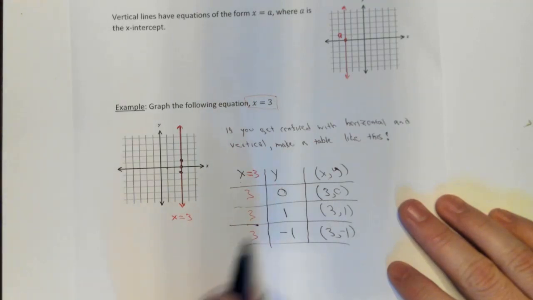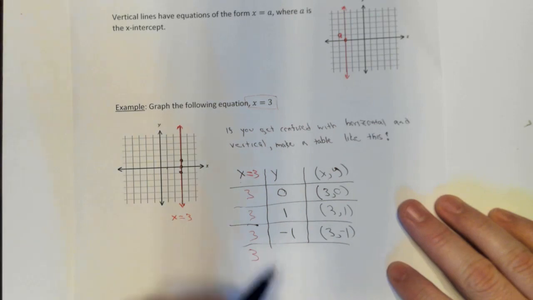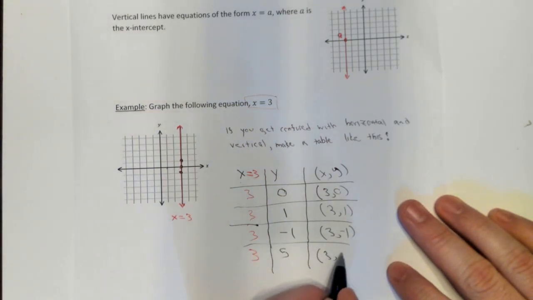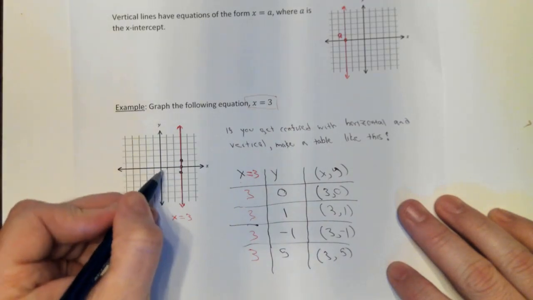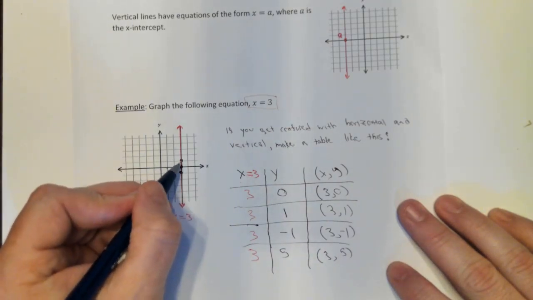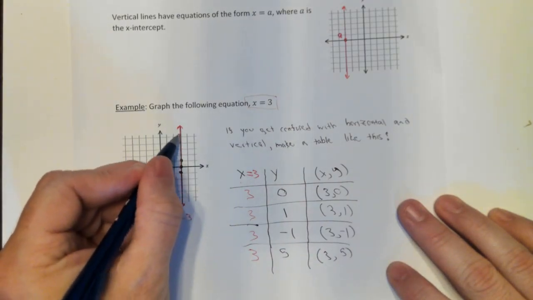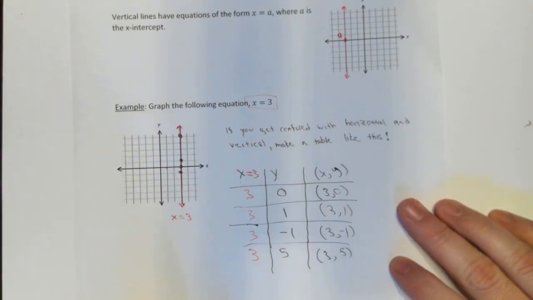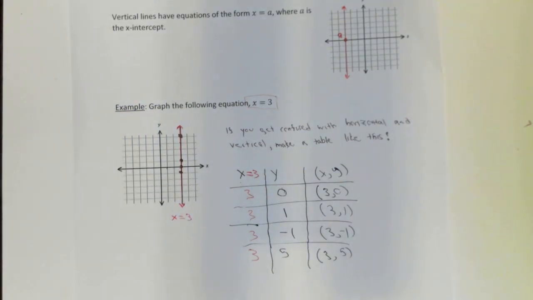If x is equal to 3, I'm just doing a 4th point for fun, and y is equal to 5, then that's the point 3, 5. 1, 2, 3, 1, 2, 3, 4, 5. So there's a 4th point, even though you don't need it. So if you get confused with vertical versus horizontal, plot it using a table. There you go.